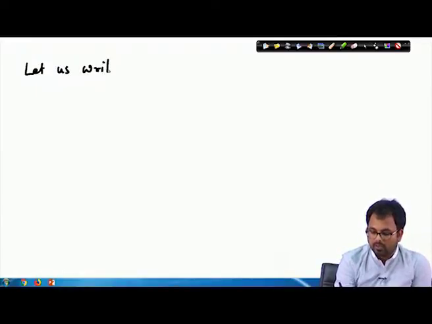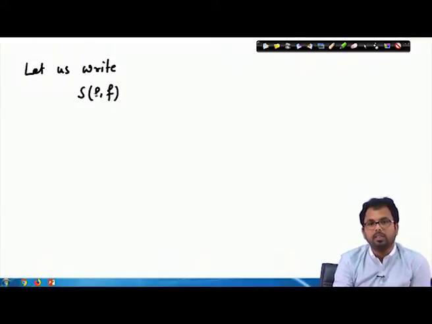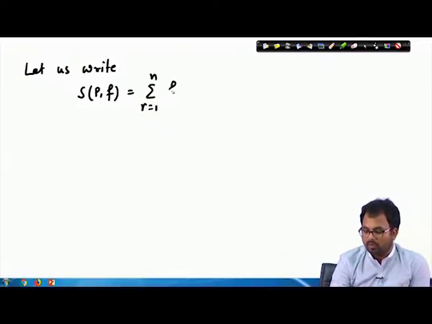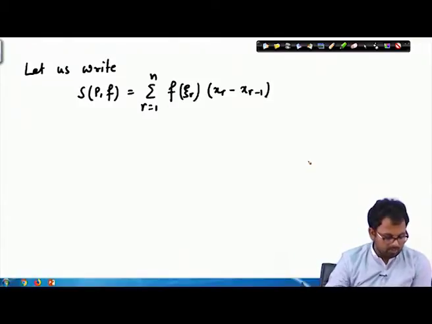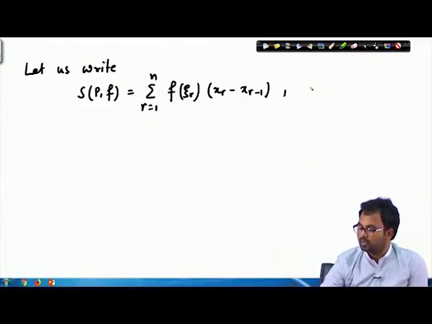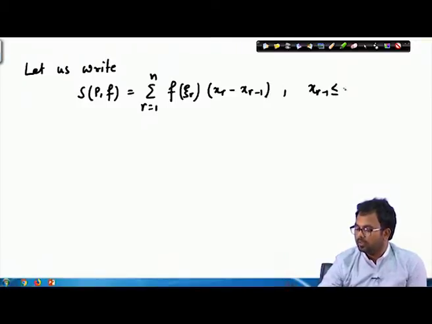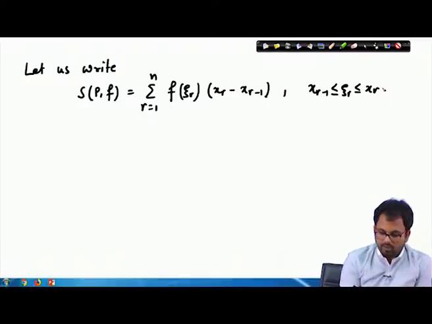So let us look into this sum. Let us write S(P, f) as the sum, r running from 1 to n, of f(psi_r) times (x_r minus x(r-1)), where this psi_r is any arbitrary point between x(r-1) and x_r.